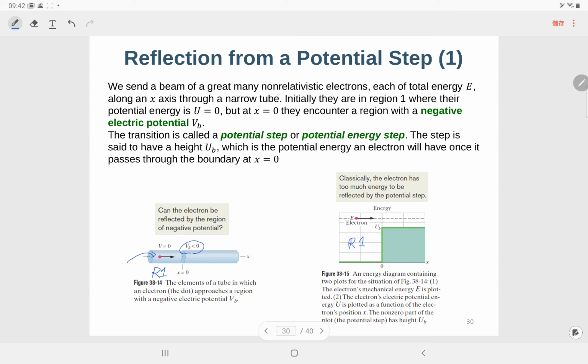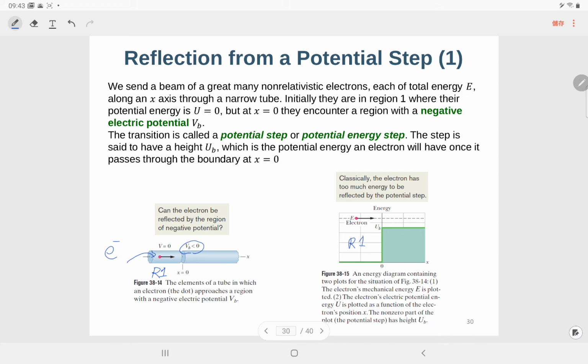And since this is an electron, it has a negative charge. So as long as VB is smaller than 0, this voltage will push the electron back. The electron cannot go to this part because this is a lower voltage for a negative charge.